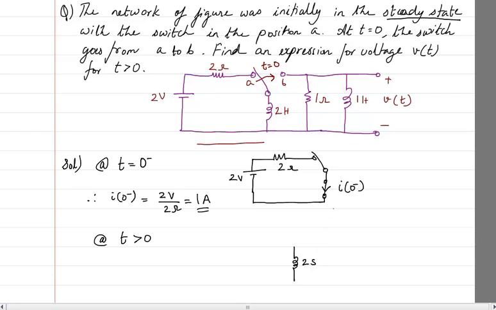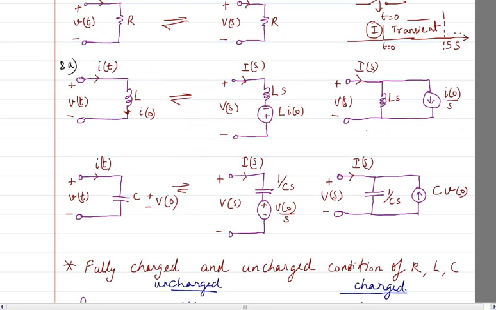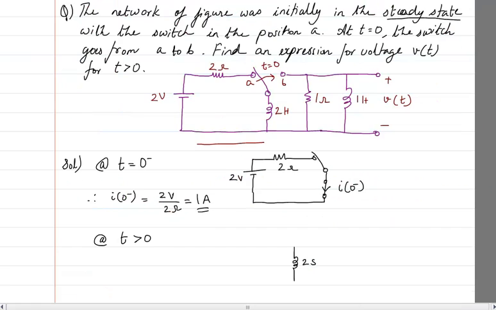And because of this current, there is going to be an initial current, and because of this there is going to be a voltage. And what is that voltage? For understanding that, we have to look here. The voltage will be L i naught with its polarity such that it is in the same polarity with which it has charged. Correct?